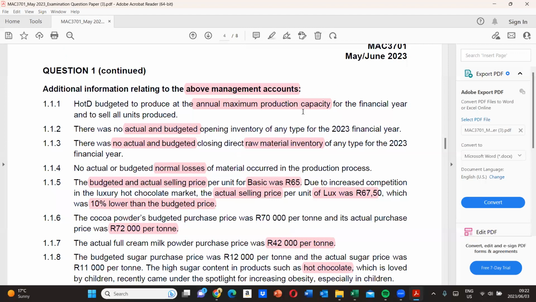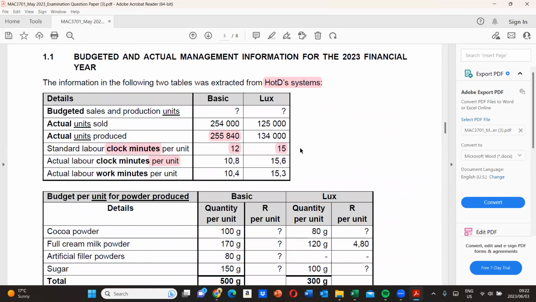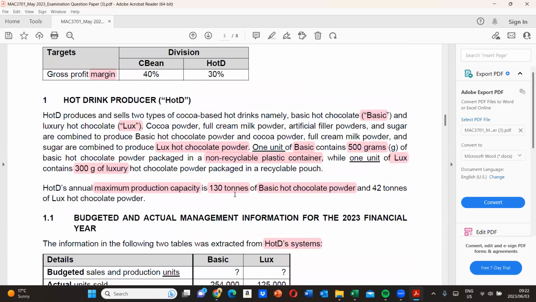Which means the company is working at maximum capacity, and there is no actual or budgeted opening inventory, and no actual or budgeted closing inventory. So all the units they produced, they also sold.